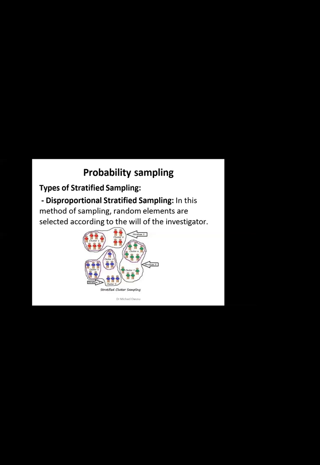You don't know all these things, and therefore you cannot use stratified proportional sampling. You rather use stratified disproportional sampling, or disproportional stratified sampling. So you can see we have the strata, but an equal number of people are selected from each stratum. Next slide.